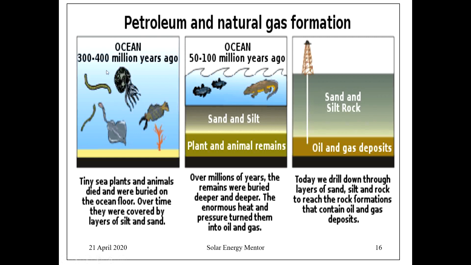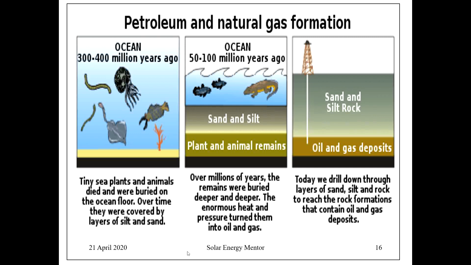So 300 or 400 million years ago, at the bed of the ocean, tiny sea plants and animals died and were buried on the ocean floor. Over time, they were covered by layers of silt and sand. Then 50 to 100 million years ago, this sand and silt exerted pressure on these plant and animal remains.